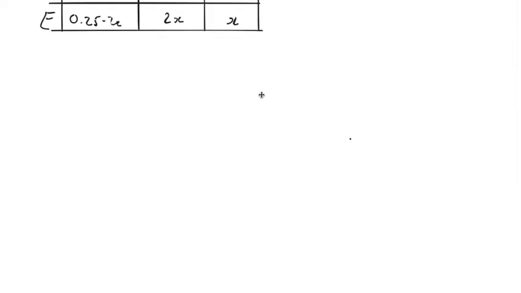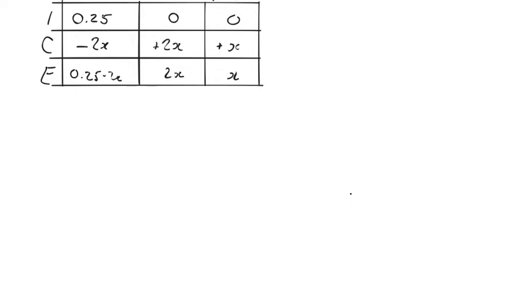So far, everything is standard. In fact, we can take it one step further and add in the next part, the KEQ. So our KEQ expression, as expected, would be products over reactants. This would give us a 2x, because that's the concentration of carbon monoxide, and an x over here.